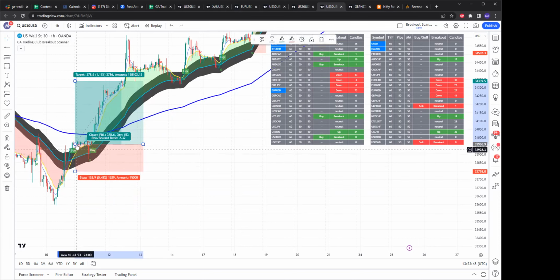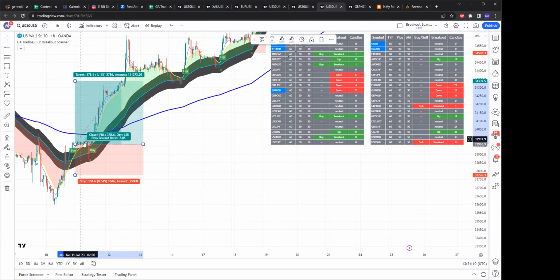Because if US 30 had come back down here, and this is how you can improve your risk to reward, because ideally for me, I use like a 1:1, but I know for some of you guys, you like 1:2, 1:3. But anyway, if this is a buy, put your stop loss such that if price breaks back down to the opposite region, it would give the opposite signal.